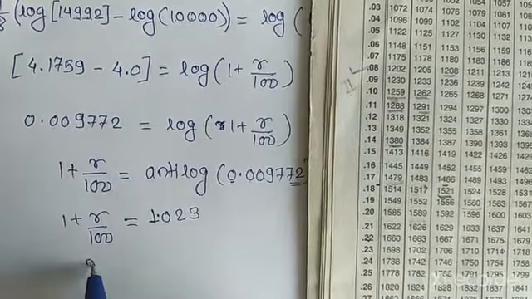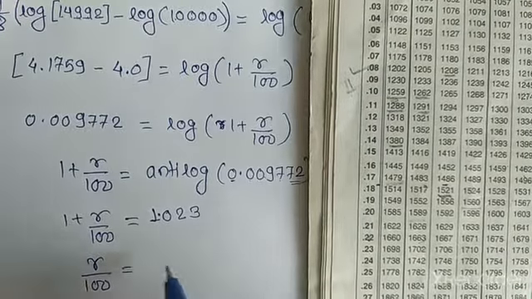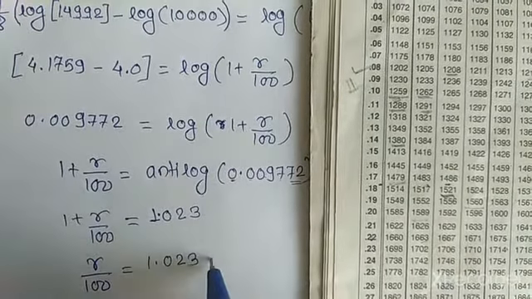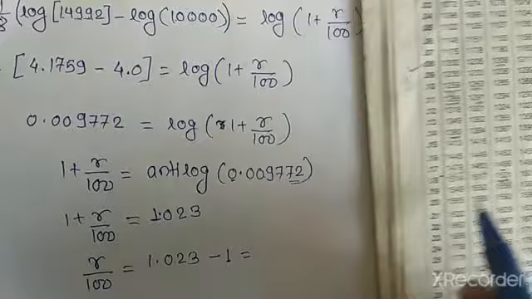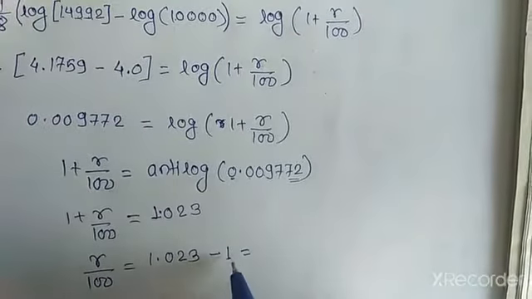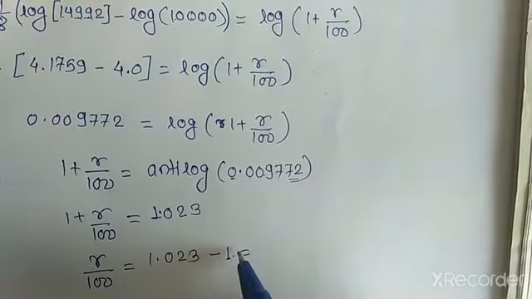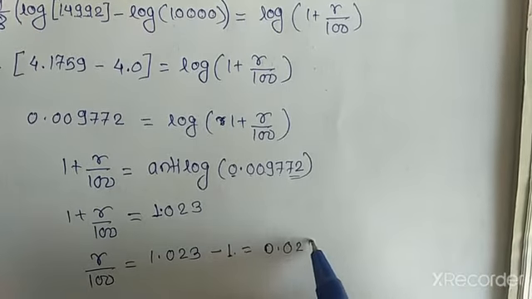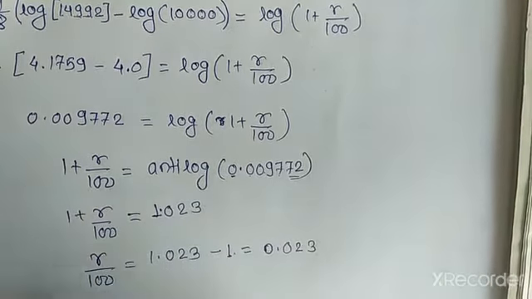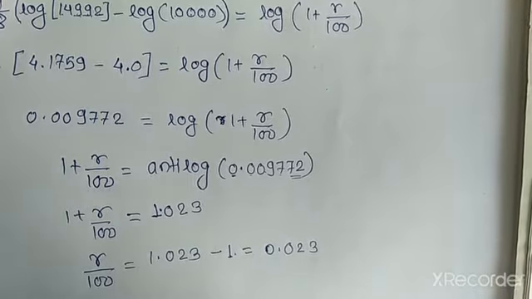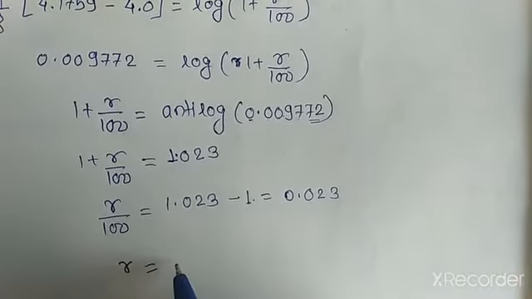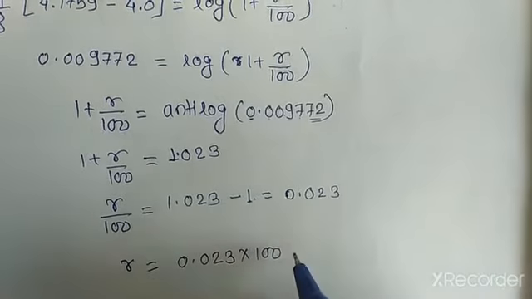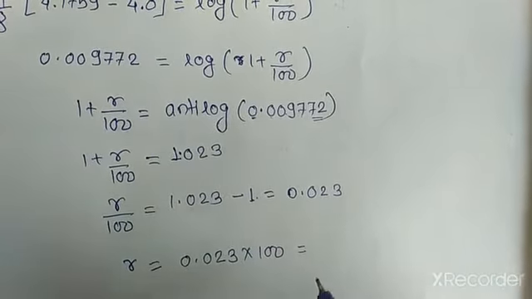So r upon 100 is equal to 1.023, here it is plus 1, it will be minus 1. So 1.023 minus 1 will be 0.023, which is equal to r upon 100. So r is equal to 0.023 multiplied by 100.